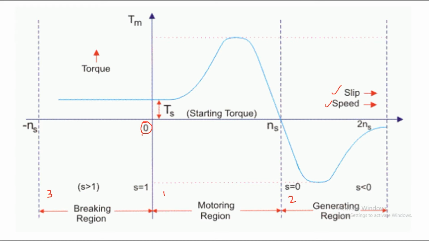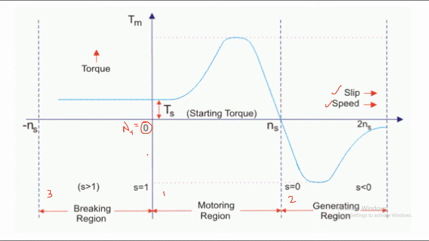The value of 0 would be the speed of the rotor, because once the supply is connected to the stator terminal, the synchronous speed is constant and never reaches 0. So the only possible value for speed to be 0 is the rotor speed.